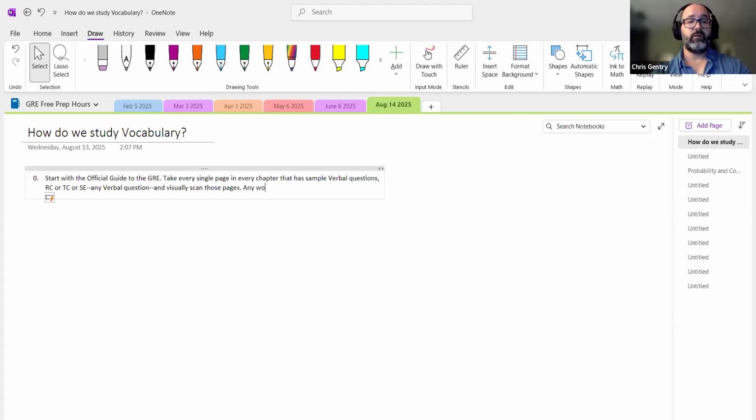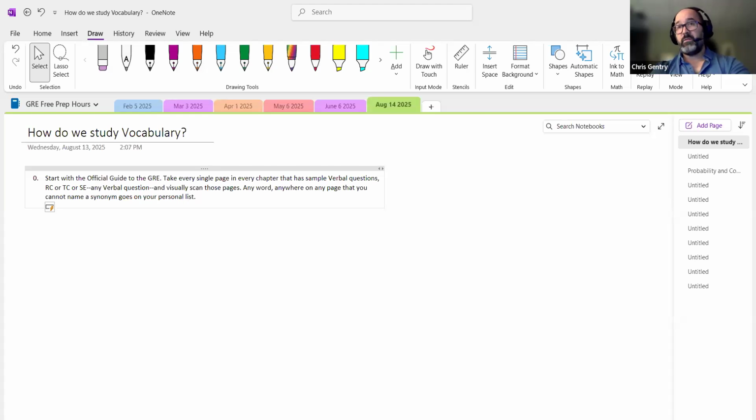Any word, anywhere on any page. Now again, this is not restricted to just answer choices in text completion and sentence equivalence. Words inside the sentences themselves, words inside reading comprehension passages, any word, anywhere on any page that you cannot name a synonym for goes on your personal list.